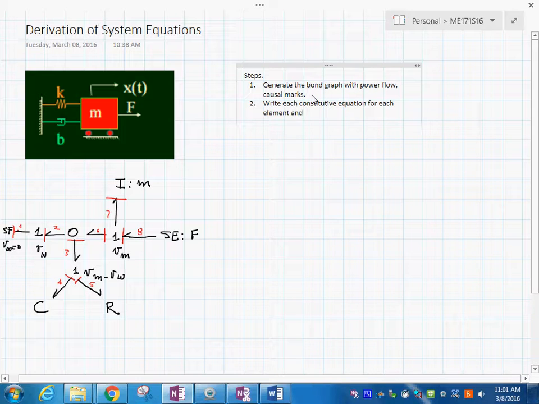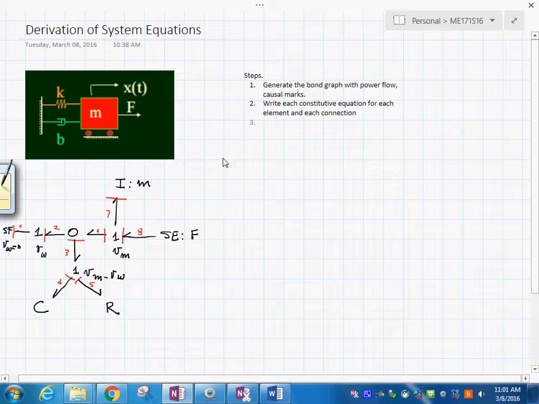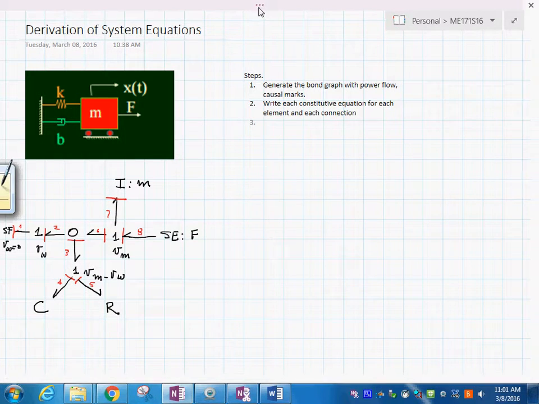Very good. Let's try that. I'm going to use this on the right hand side to do this.